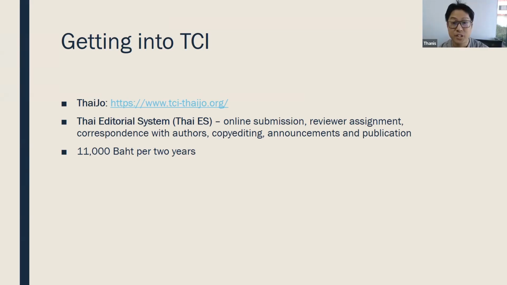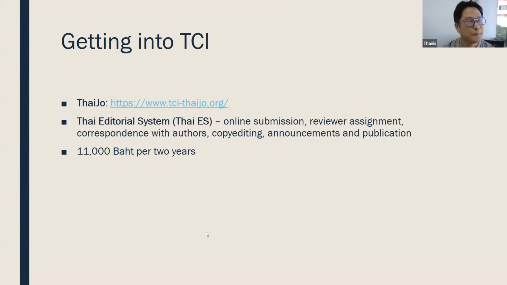There are messages, there are posts and stuff that you can do. You also can copy edit your article, and also you can do announcements, and the final stage is publish your article. So you can say accept, reject, or revise, through the system. So the first thing for Ajahn Ek to do, you probably have to get some funding for this.